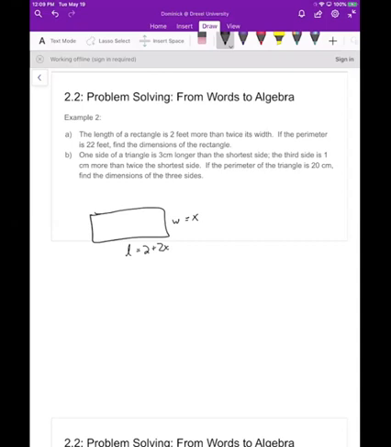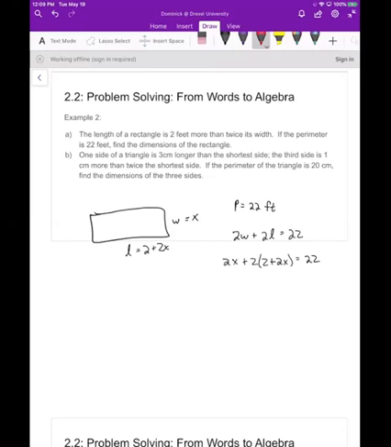Now we also know that the perimeter is 22 feet. And of course, what's the perimeter of a rectangle? It's 2 of the widths plus 2 of the lengths added together. So in this case, we're going to get 2 times the width, which is x, plus 2 times the length, which is 2 plus 2x. And we know that that has to equal 22.